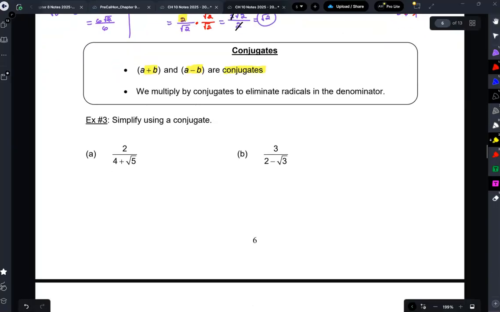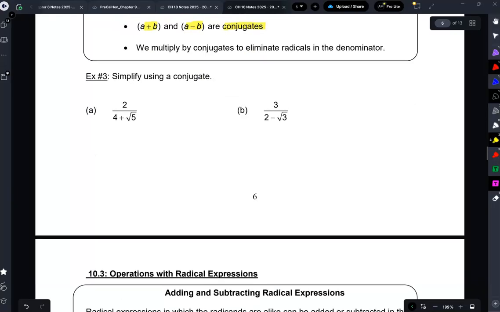Look at these ones. I don't just have root 5, I have 4 plus root 5. So I can't multiply by root 5. I have to multiply by the conjugate. So for this one, if this is 4 plus root 5, I have to multiply by 4 minus root 5, the conjugate. And then I need to do the same thing on top.